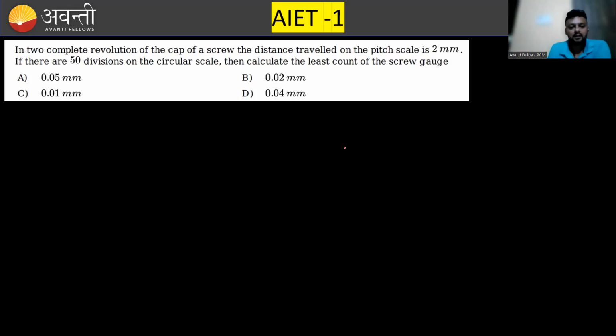The question says, in two complete revolutions, mind the words two complete revolutions, of the cap of a screw, the distance traveled on the pitch scale, that is generally the main scale you use to call it, is 2 mm. If there are 50 divisions on the circular scale, then calculate the least count of the screw gauge.